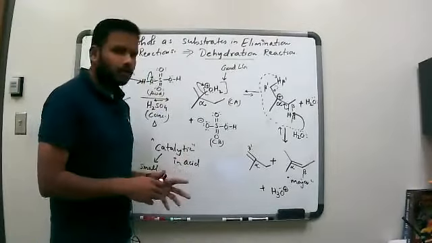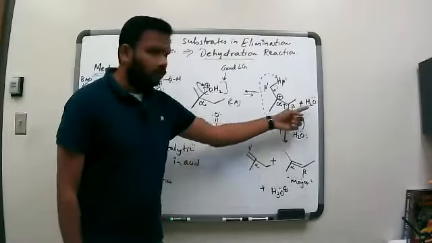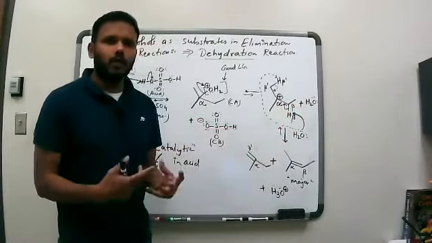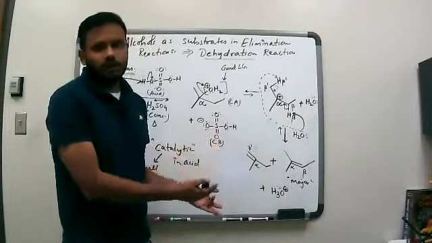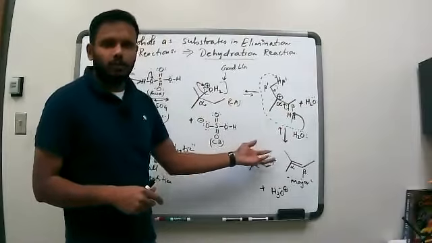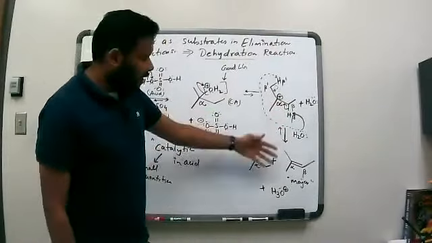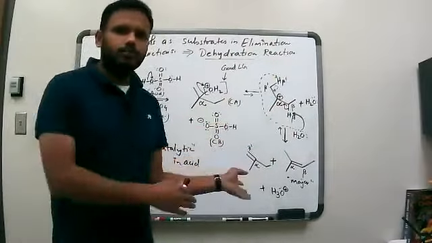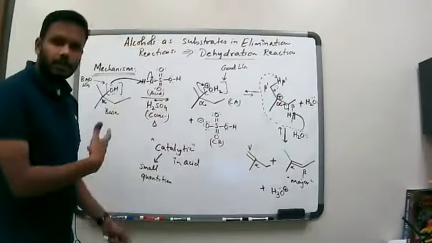So it really depends on which of the two, like the alkene or water, which one has a lower boiling point. So the compound which has a lower boiling point, it's easier to distill that out. So when you do that in the lab, the cyclohexene is lower boiling than water, so it's easier to distill that out. So either one, you distill it out to push the reaction forward. Okay, so that's the dehydration reaction.